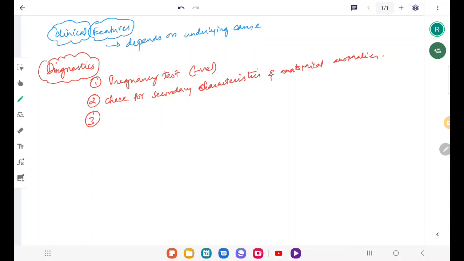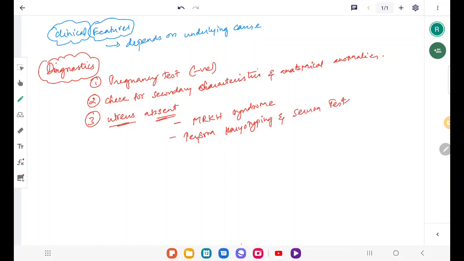Just in case the uterus is absent, we have to rule out MRKH syndrome, so you perform karyotyping and evaluate levels of serum testosterone to investigate if the patient has a male or female genotype, and androgen insensitivity is to be ruled out.